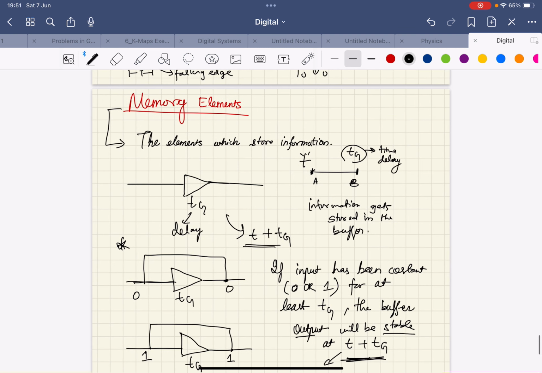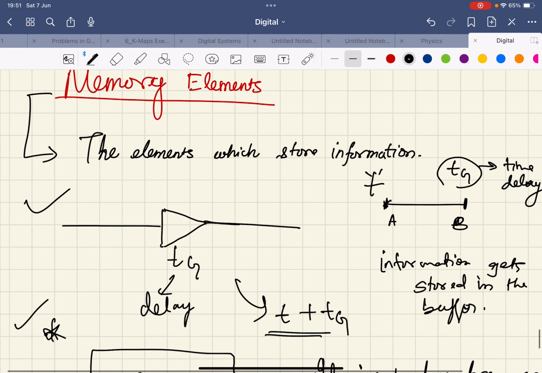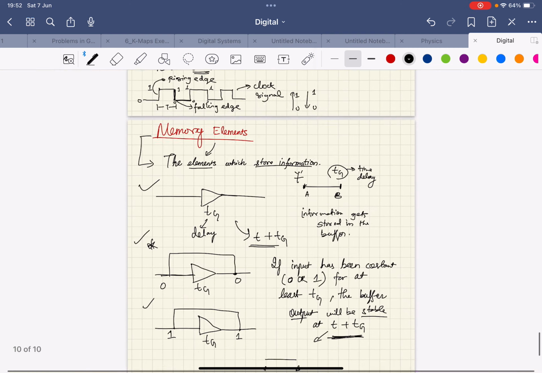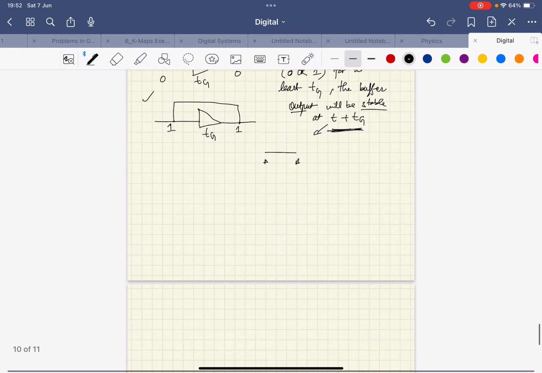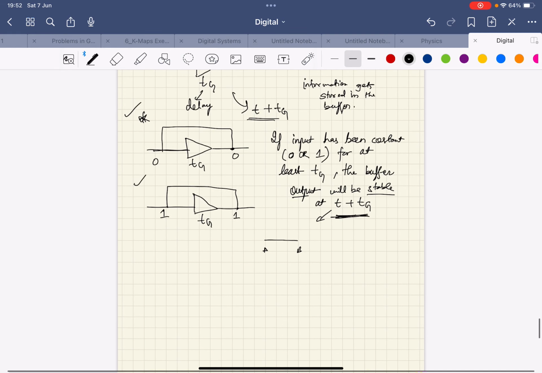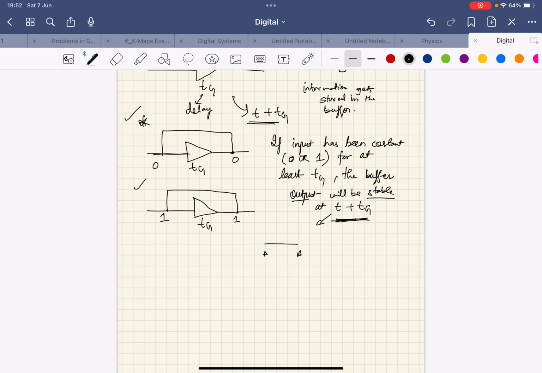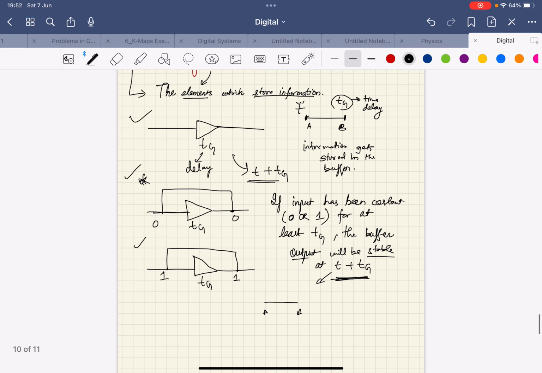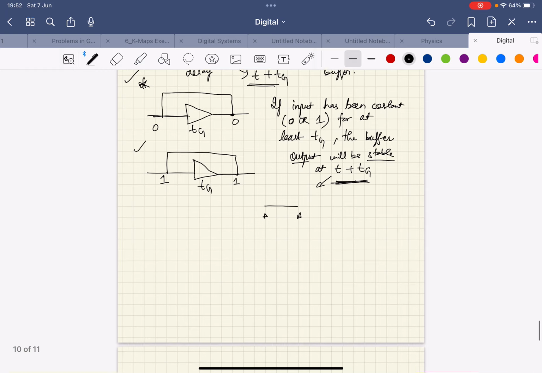I'm just telling you because these are the memory elements. You just need to know this part. The elements which store information are called memory elements. And I said this because in case this has no possibility of an MCQ question, but if by chance it comes, then you studied it is stable, so it will again be t plus tg, right?